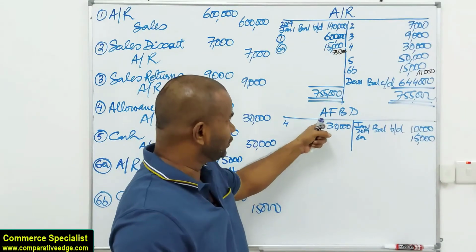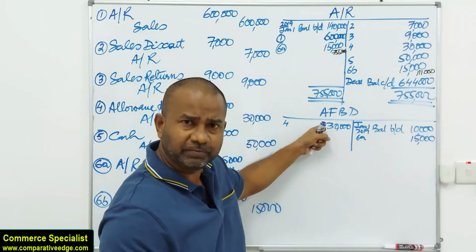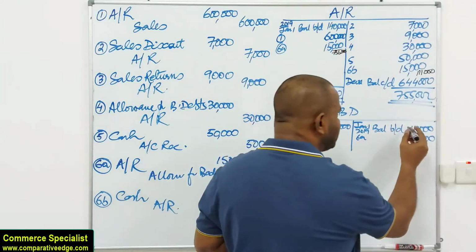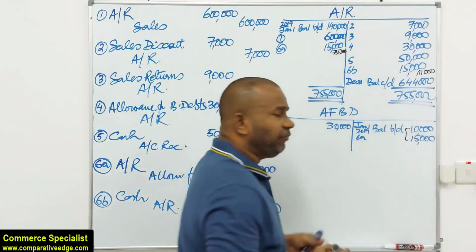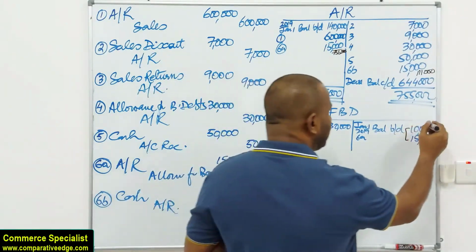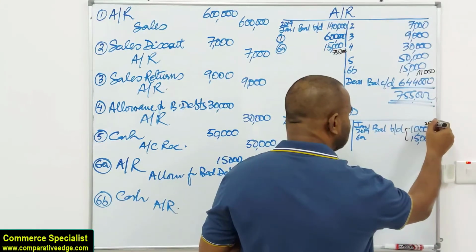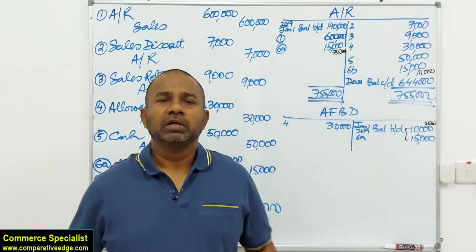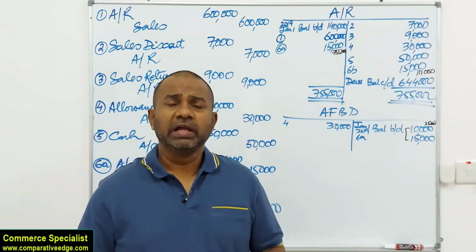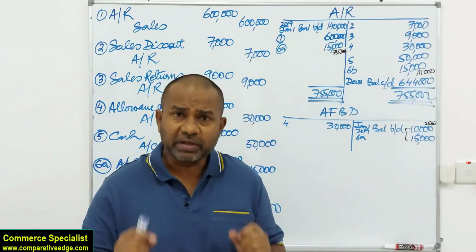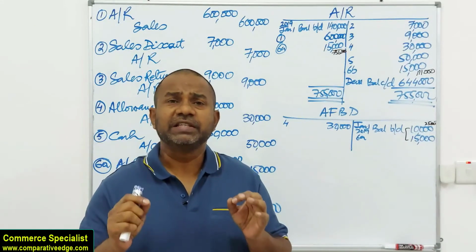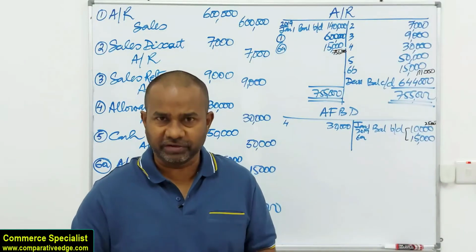So on the debit side, it's very clear that it's 30,000. On the credit side, I have just two amounts. If I add this, that comes to 25,000. So now you need to know something important. There is something known as existing balance of allowance for bad debts.